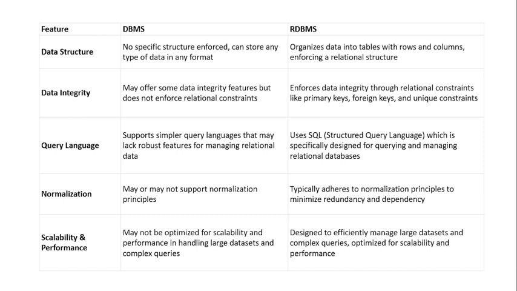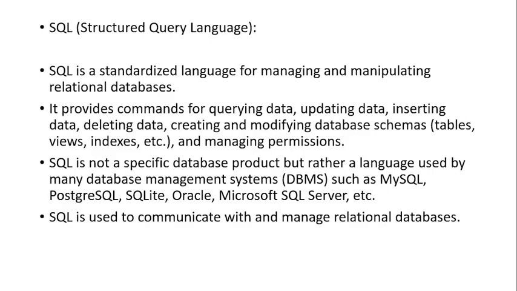So we use scalability and performance to get an optimized result. For better results we can use RDBMS tables. So these are the 5 features and the differences between RDBMS and DBMS.